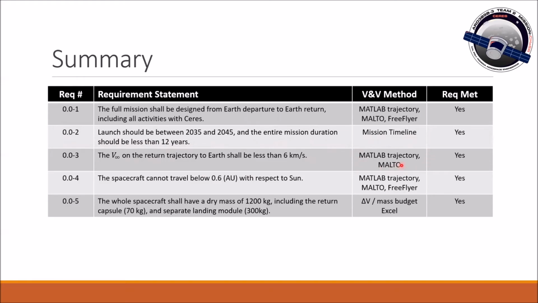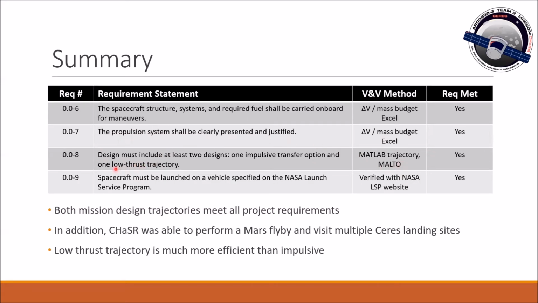As shown in our final design slide, we were able to verify that both impulsive and low thrust maneuvers met all requirements. In addition, Chaser was able to perform a Mars flyby and visit multiple Ceres landing sites. And in conclusion, we determined that the low thrust maneuver was more efficient because it required 10 times less total propellant mass due to the difference in ISP.